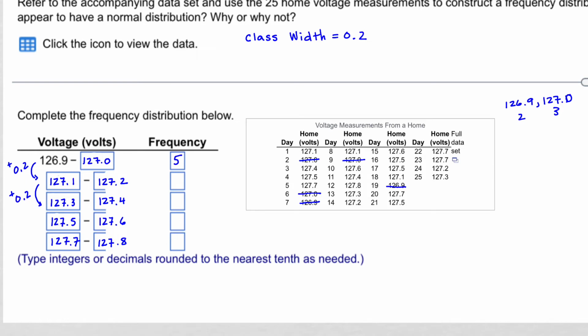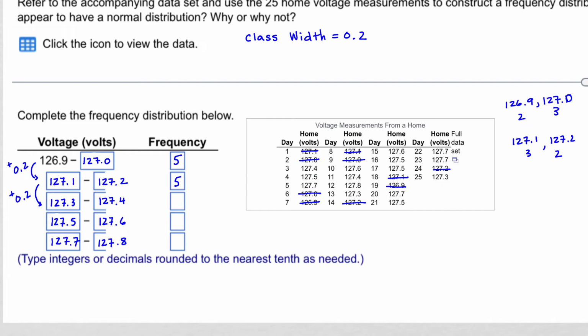And now I'll look for 127.1. 1, 2, 3. And 127.2. 1, 2. So again, 5.